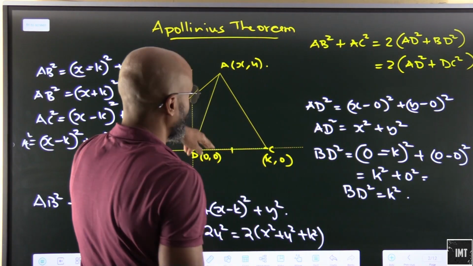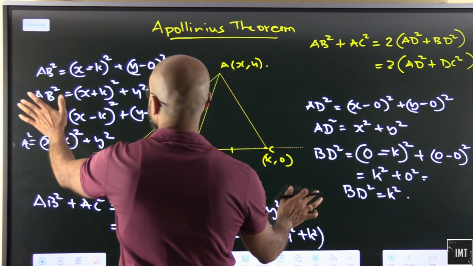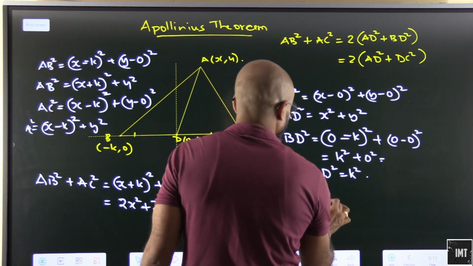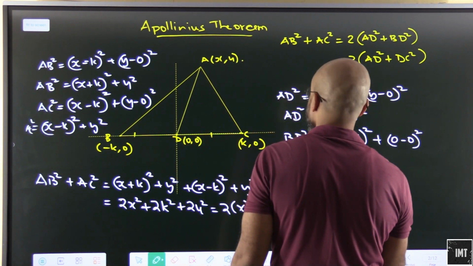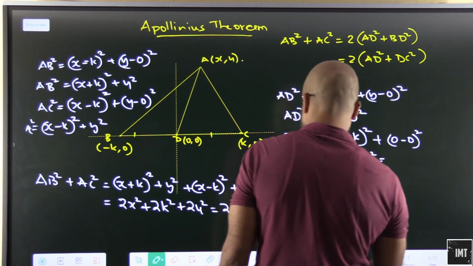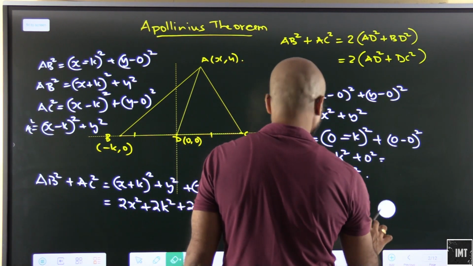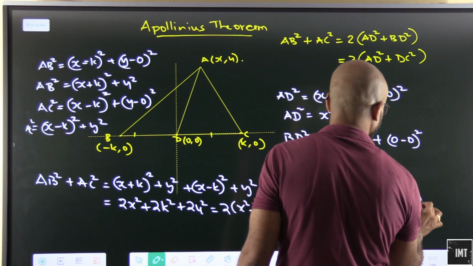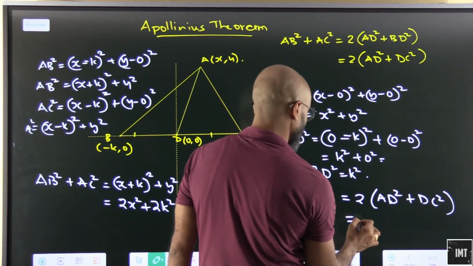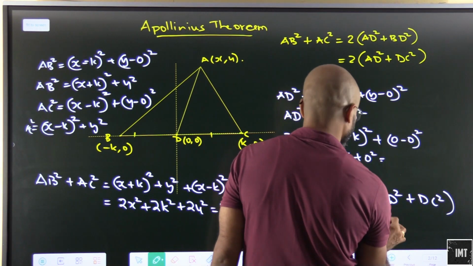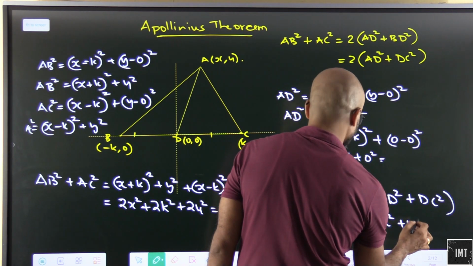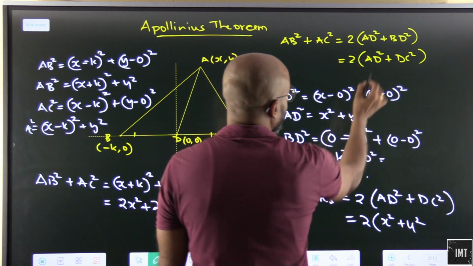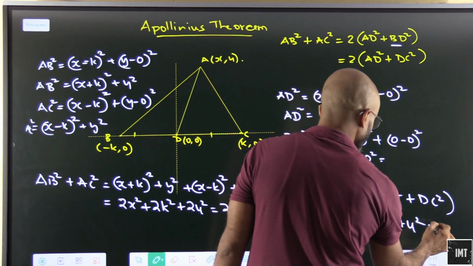Now if we do the RHS part here, RHS is twice of AD square plus DC square. So this will be twice of (AD square, that is x square plus y square, plus DC or BD, whichever we take as BD, so this will be k square).